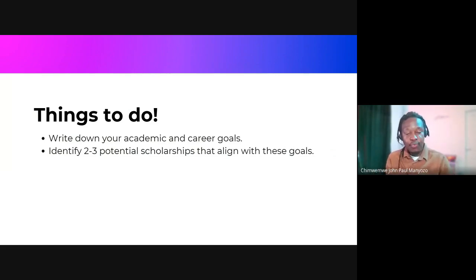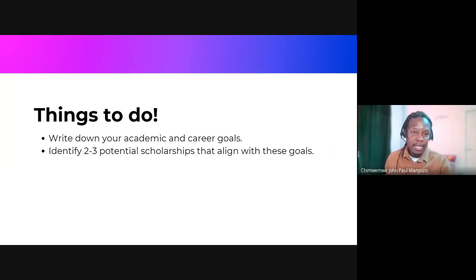Then, once you write all these things down, I want you to identify 2 or 3 potential scholarships that align with your career goals and your academic achievements as well. Once you write your career goals and your academic goals, you identify 2 or 3 scholarships that are aligned with that.